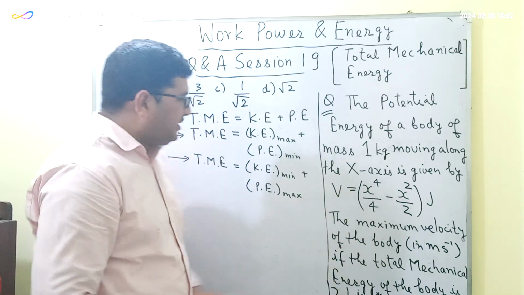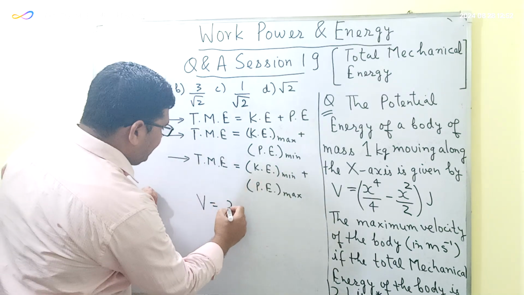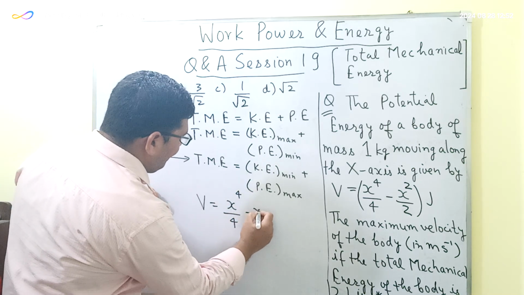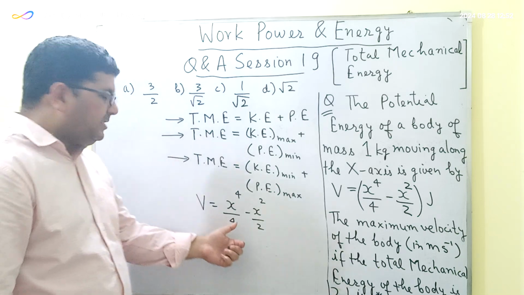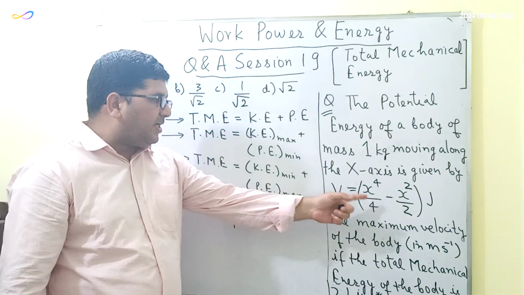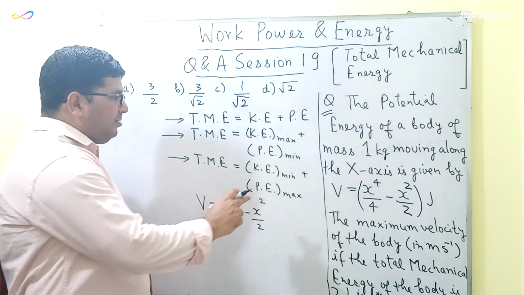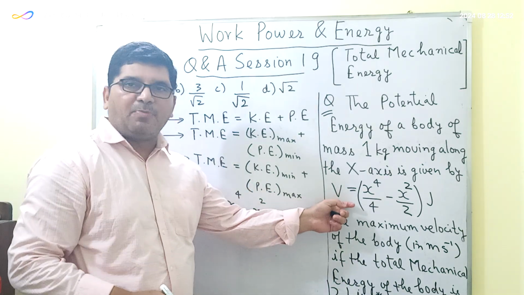In this question, the potential energy of the body is given by V is equal to x to the power 4 divided by 4 minus x to the power 2 divided by 2 in joules. It means that the potential energy of this body is varying with the displacement of this body. Now we have to find the minimum potential energy of this body.